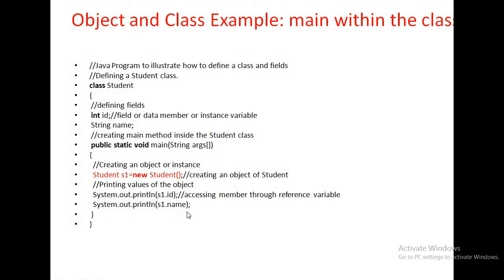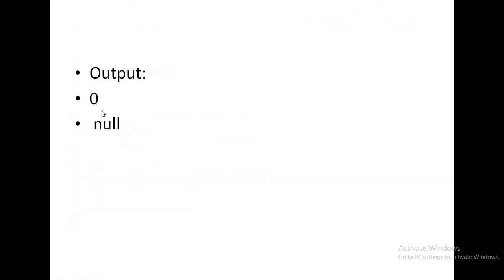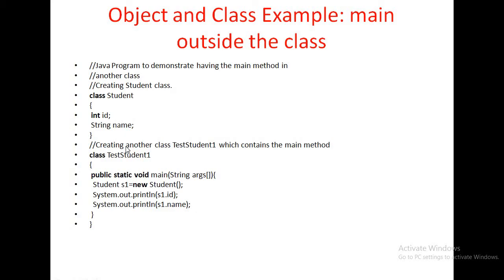If you do not initialize the instance variable, some default value is assigned. Integer, float, character default value is 0, String is null, like that. Since id is an integer, the default value is 0, name is a String, the default value is null. Okay, the output is 0 and null.